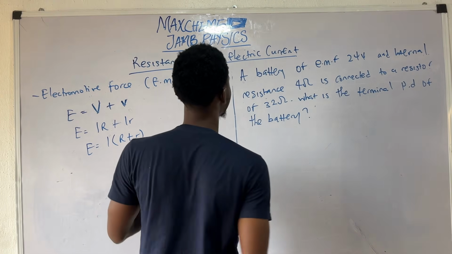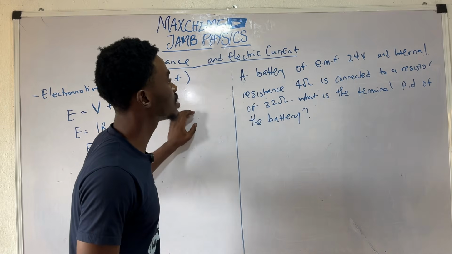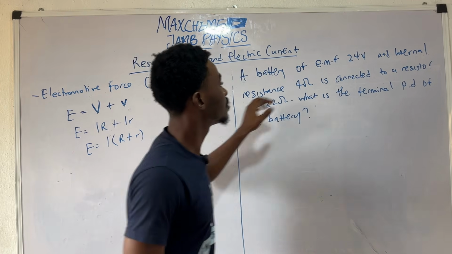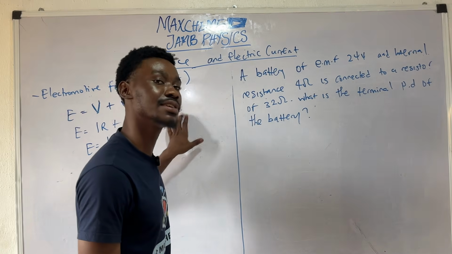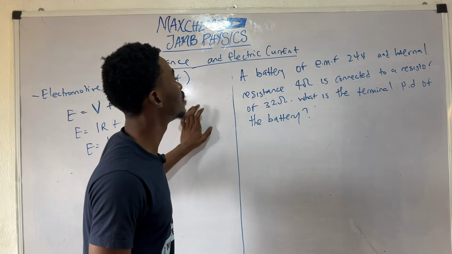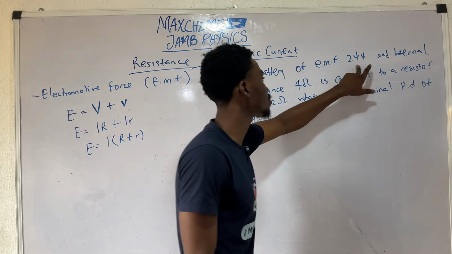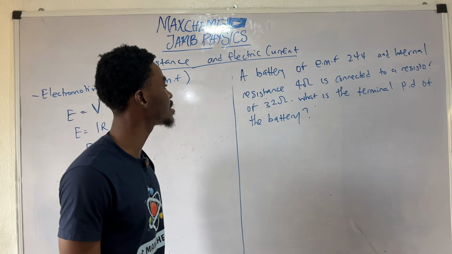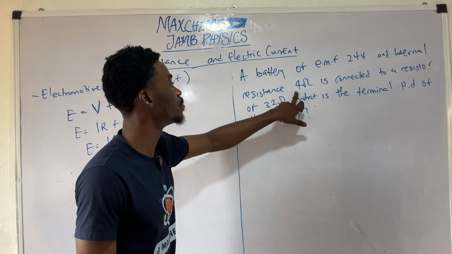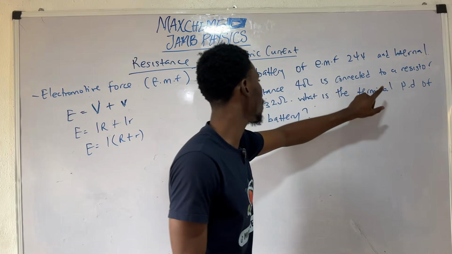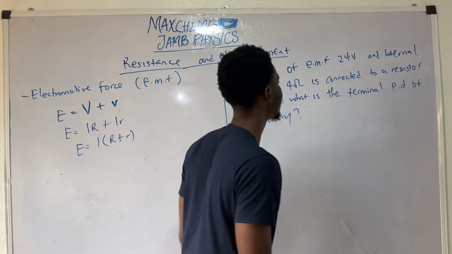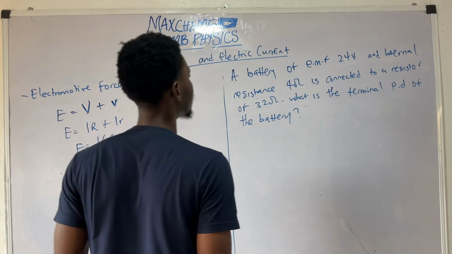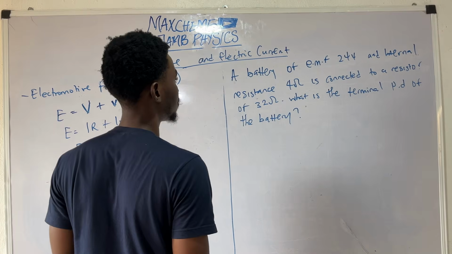Here I have a question that says, a battery of electromotive force of 24 volts. You can see the electromotive force also has the same unit as the potential difference. So a battery of electromotive force of 24 volts and internal resistance of 4 ohms is connected to a resistor of 32 ohms. What is the terminal potential difference of the battery?